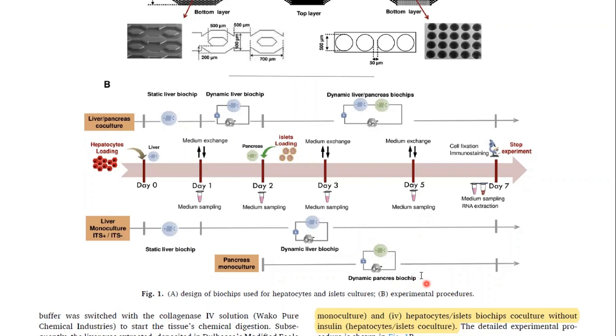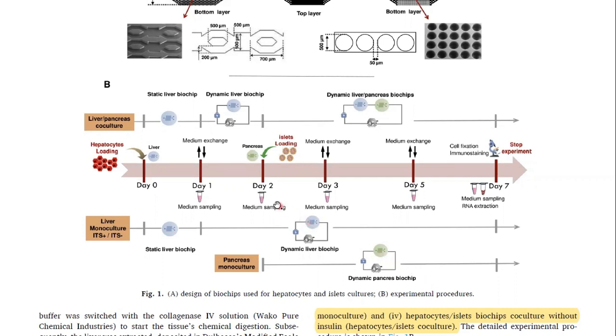To minimize islet damage, wide orifice pipette tips with low binding were used. Islets were counted in biochip to keep a record of approximately 40 islets per biochip. The circuit was then connected to the peristaltic pump and the perfusion started. They were continuously incubated at 37 degrees Celsius in a 5% CO2 supplied incubator.